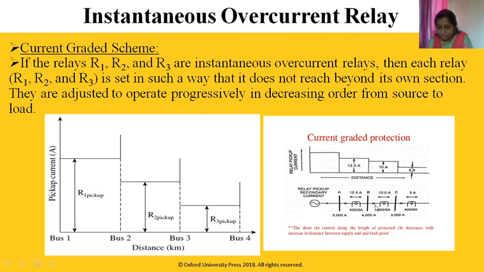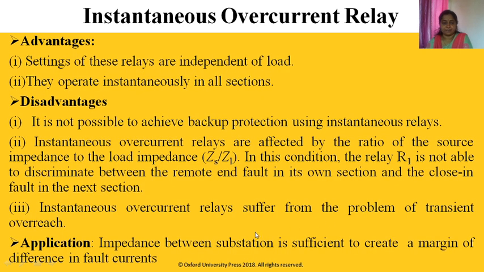The relay located here is also not able to discriminate between this end fault or that end fault. So the relay will mal-operate for a fault near the connection of the first and second sections.